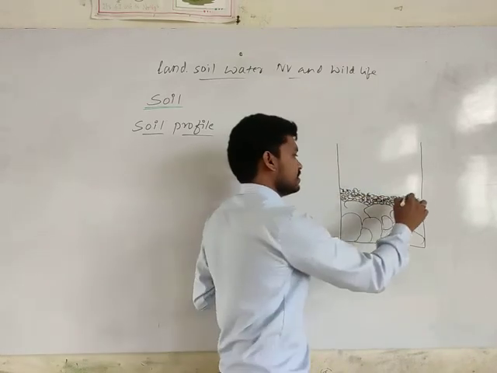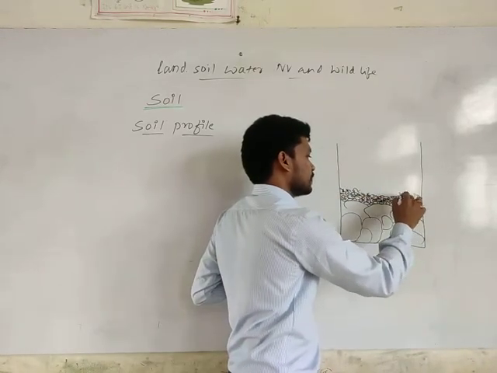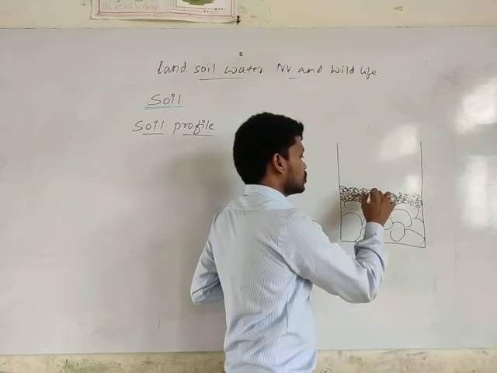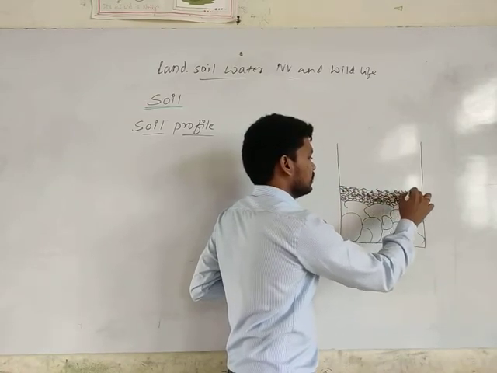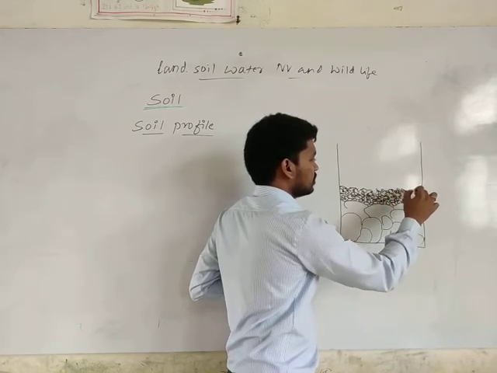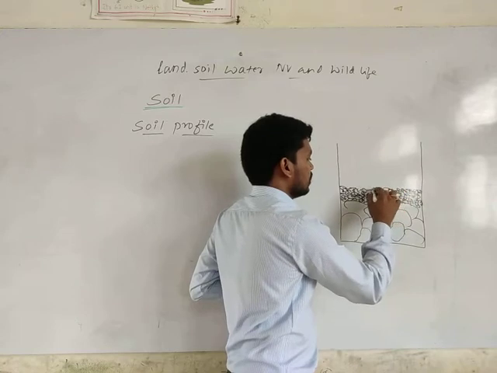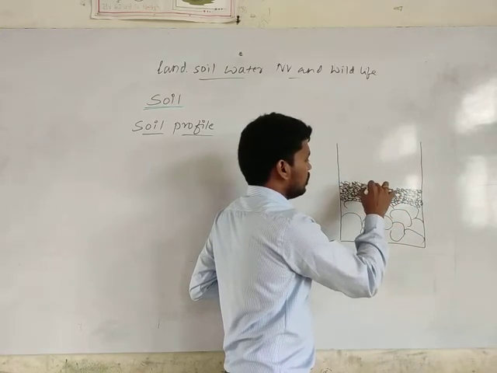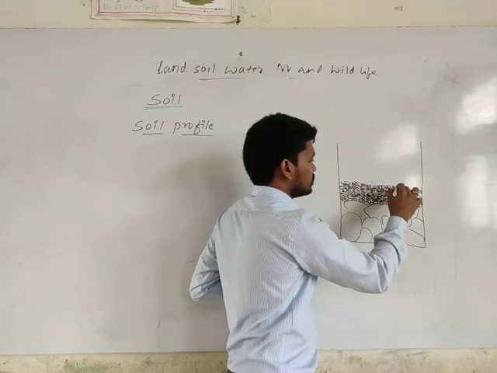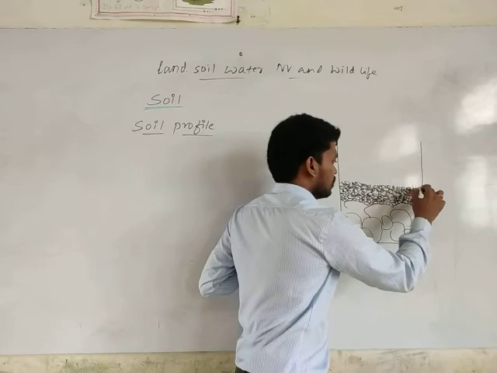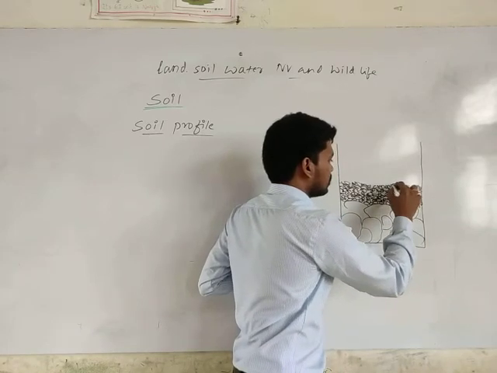The rock breaks into small pieces under high temperature, low temperature, and by the blowing of wind. If the velocity of wind is high, the weathering of rock is high there.